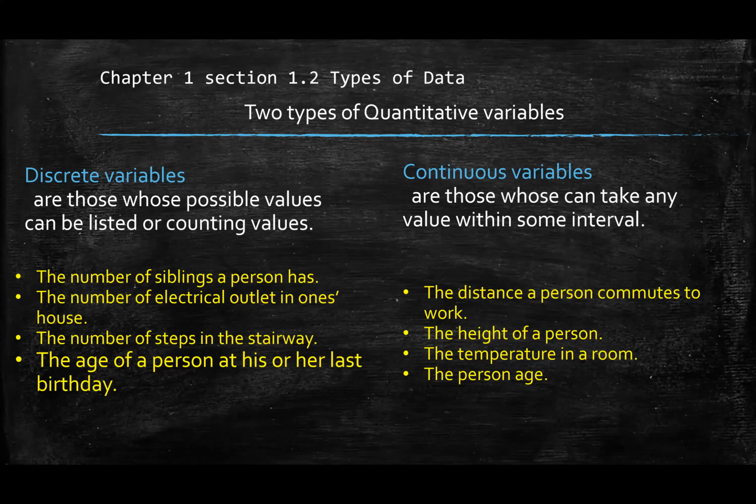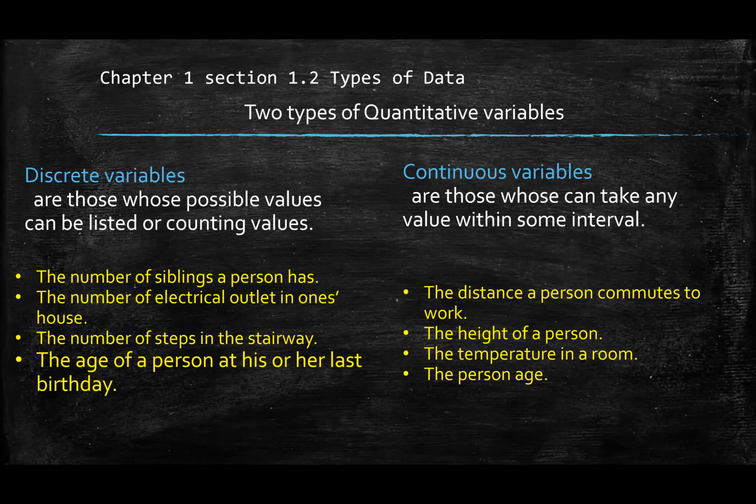That's why you have to determine whether it's continuous or discrete based on the description they give you. Make sure you see the difference between the two. One general advice is if you can break it down into a smaller unit, then it is continuous.